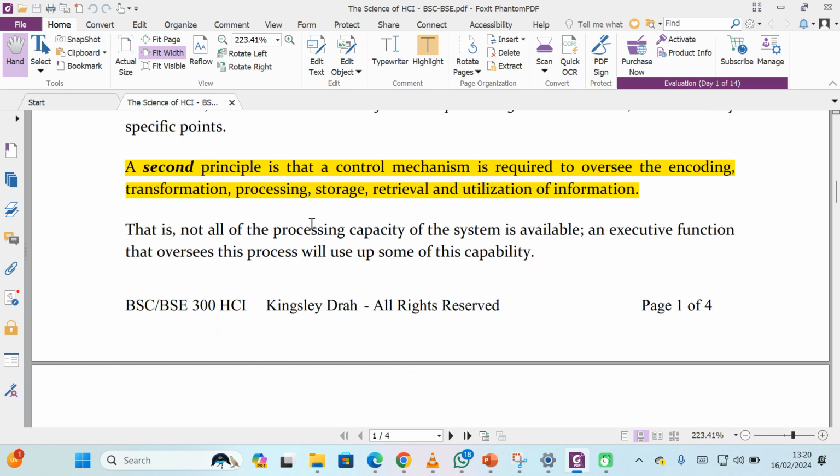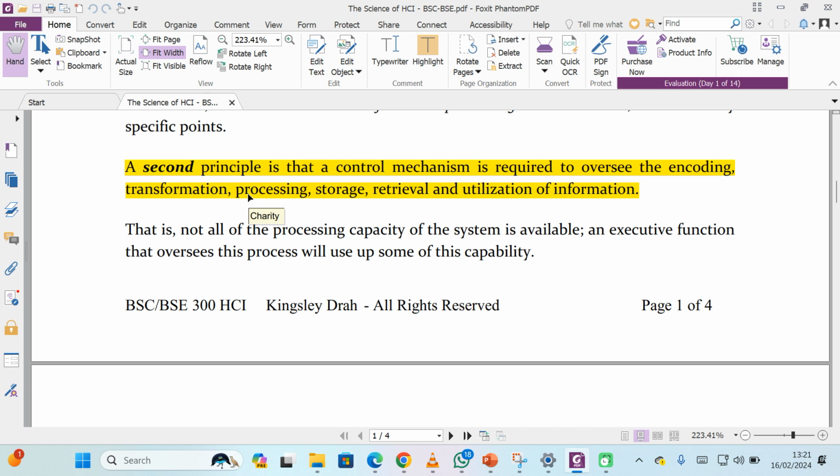Now, another principle is that there is a control mechanism required to oversee the encoding, transformation, processing, storage, retrieval, and utilization of information. Like I said, every brain has a level of information it can process based on the person's intelligence.